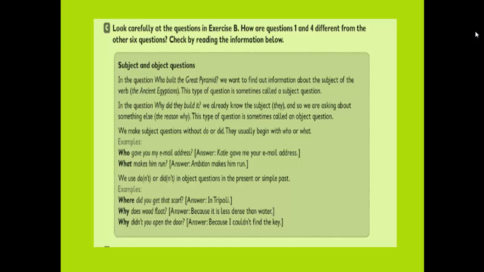So before anything we have to define if this question is about object or if this question is about subject. If it is about subject, there is no need to use do or does or did. If it's about object, we have to use verb to do.